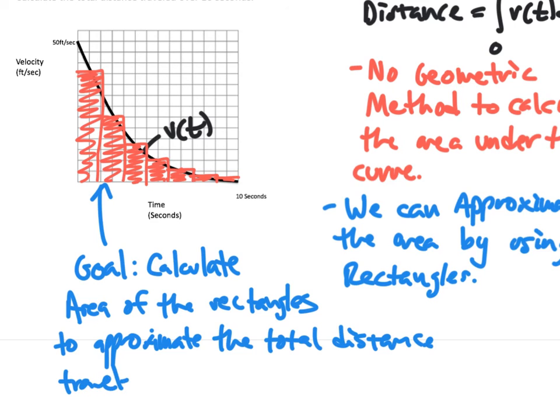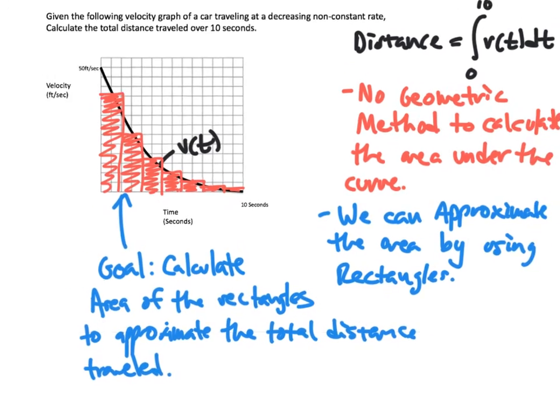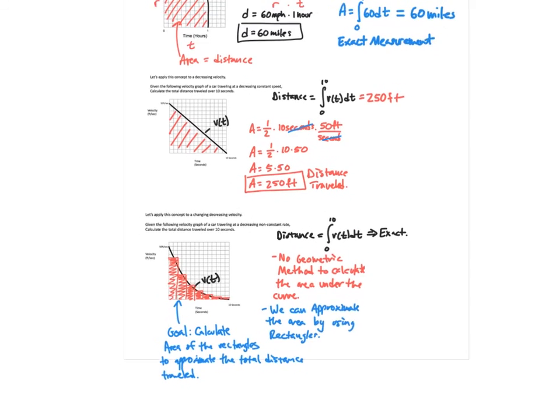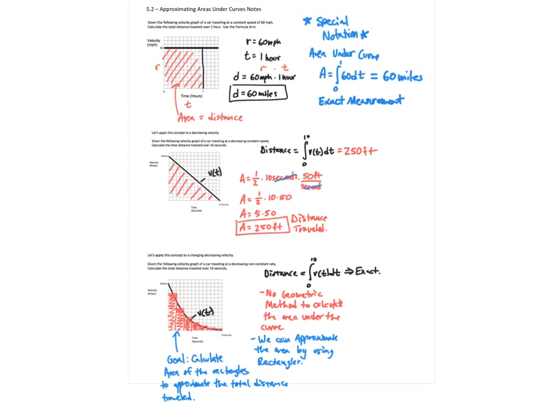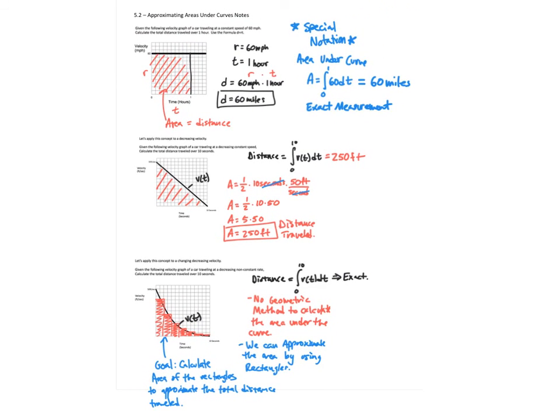This is the big idea of what we're doing here. It's very conceptual; there's not much in the way of mathematics right now on this first page, but I want you to understand what we're trying to do: the area under the curve is equal to the distance traveled.